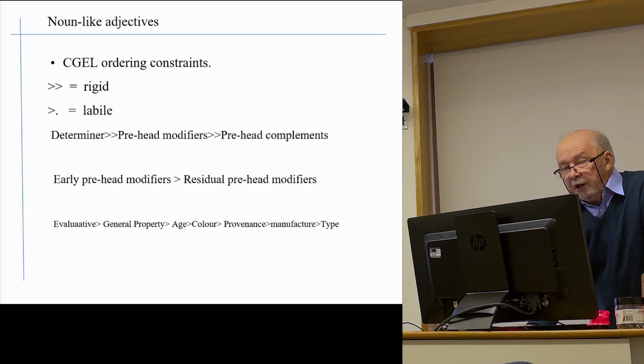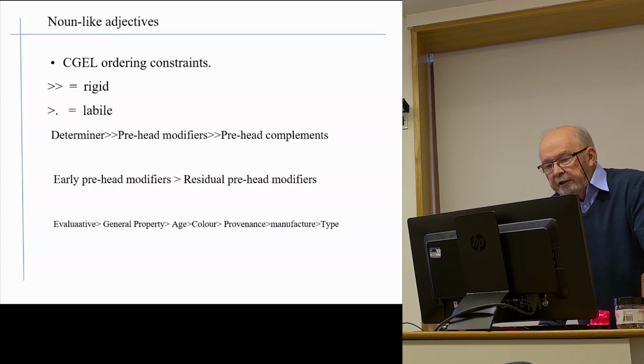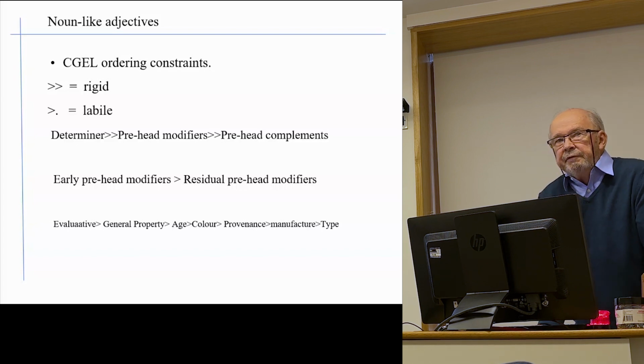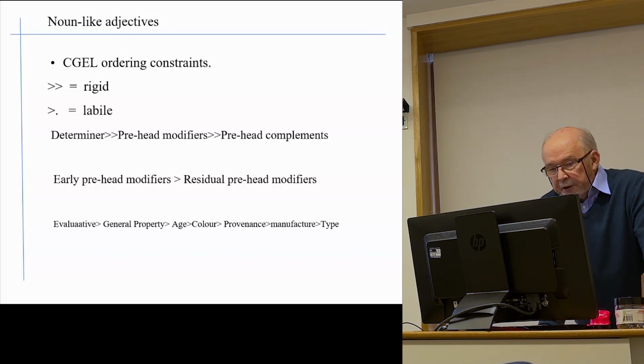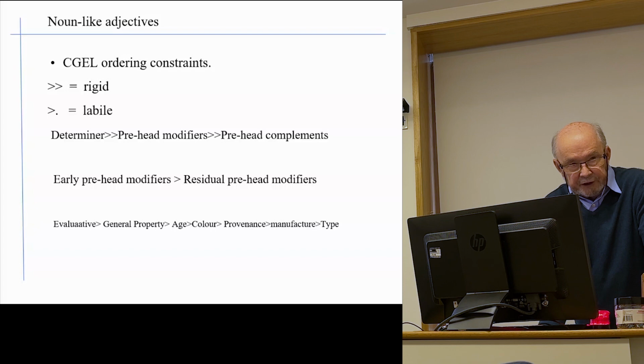So, the key one, determiner, pre-head modifiers and then pre-head complements. And this is what I'm not at all sure about, whether it's really correct that we should have this class of pre-head complements in noun phrases. Because this is claimed in CGEL to be a rigid constraint.